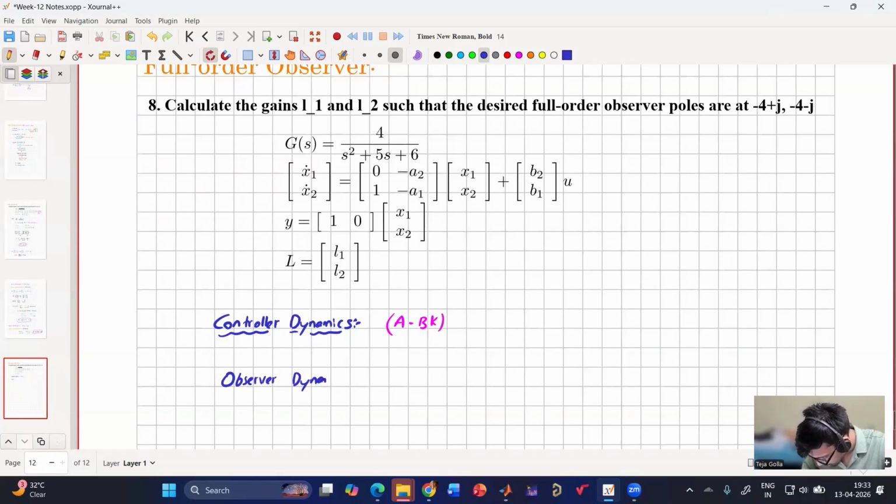Since sir has already covered it, I am not discussing it again. Rather, I would like to spend the time on the problem. So this is A minus LC. We have to get the C matrix as 1, 0, and the A matrix is 0, minus A2, 1, and minus A1. Now you can see it is in observable canonical form.